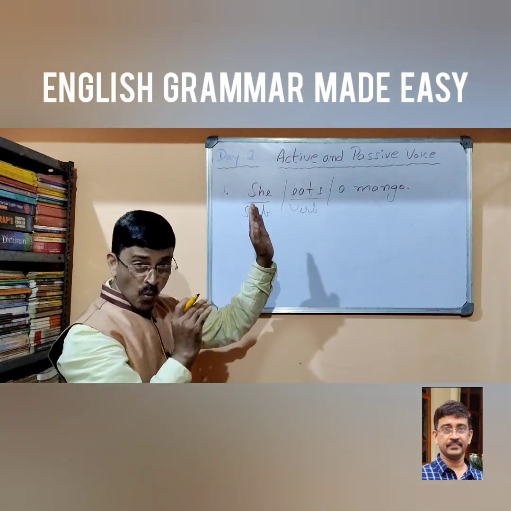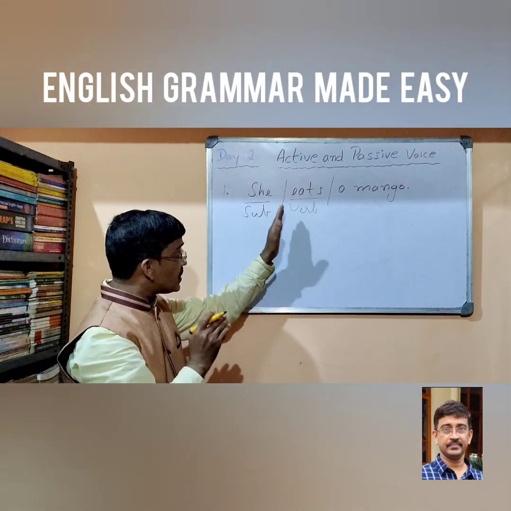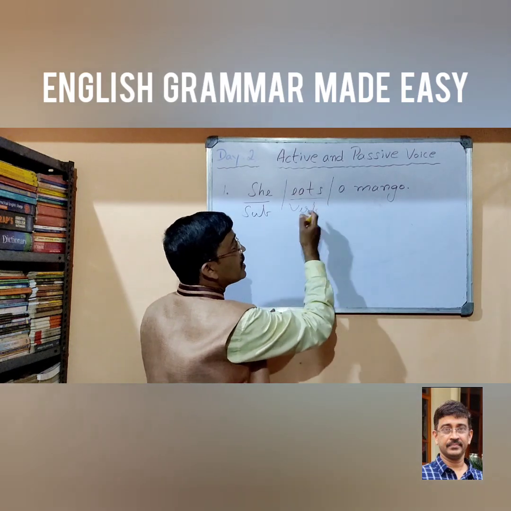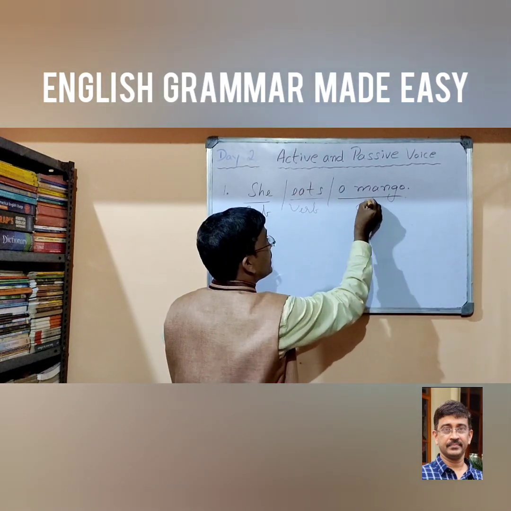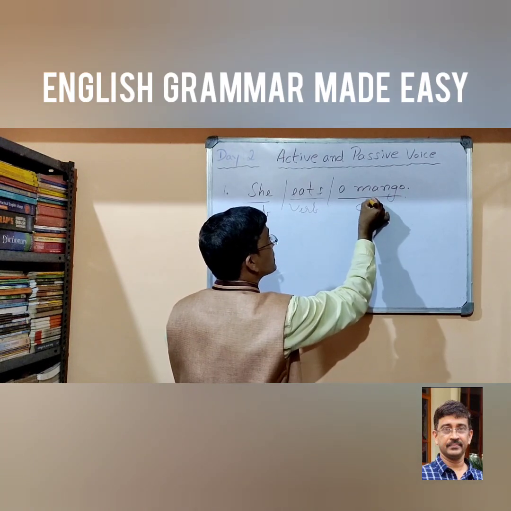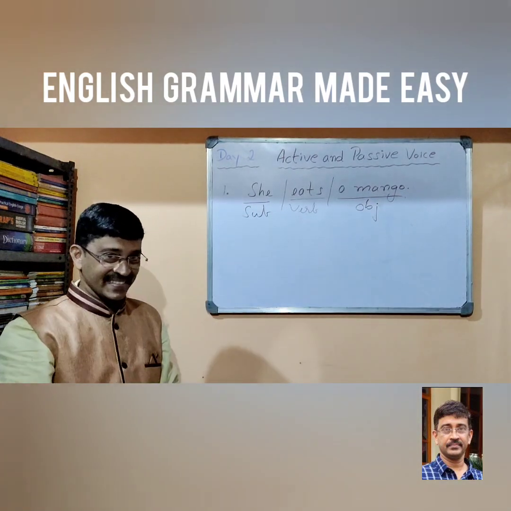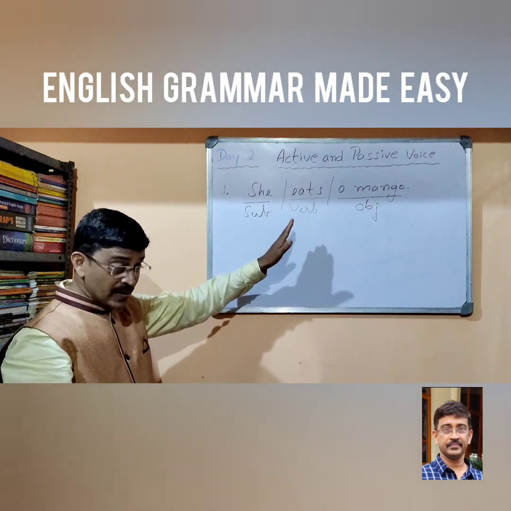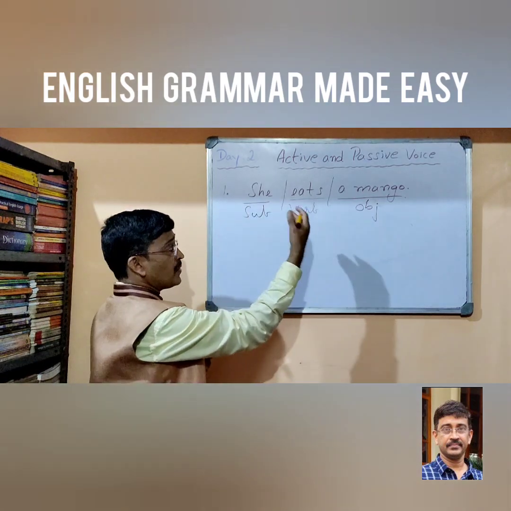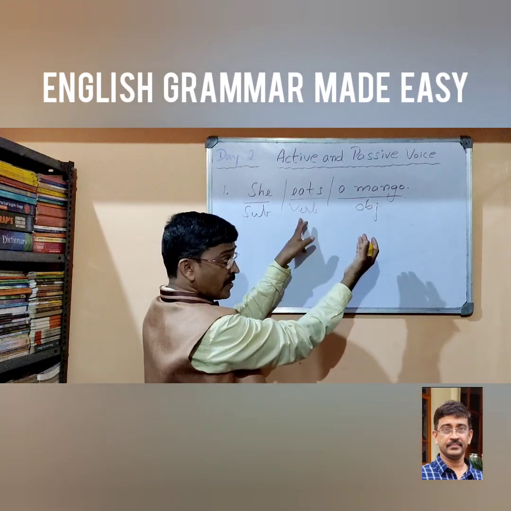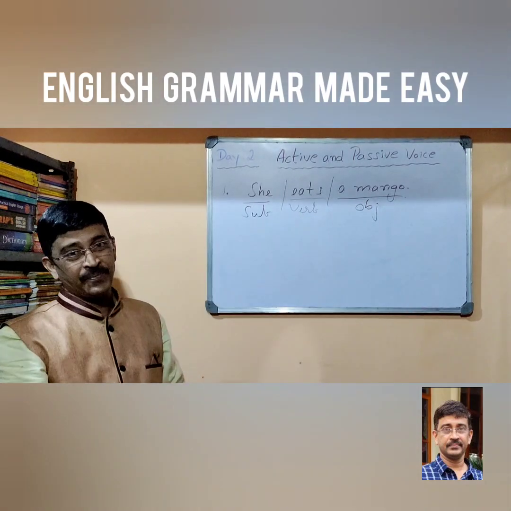And whatever you have towards the right hand side of the verb, main verb, here a mango, that is object. Got it? Whatever you have towards the left hand side, that is subject, and whatever you have towards the right hand side of the verb, that is object.